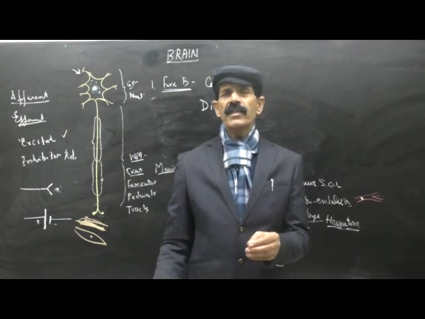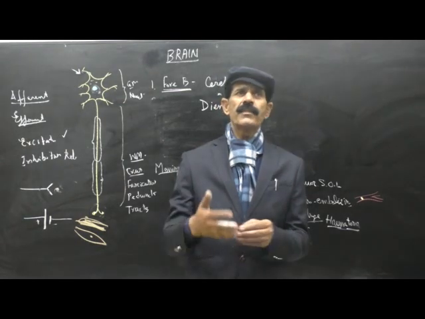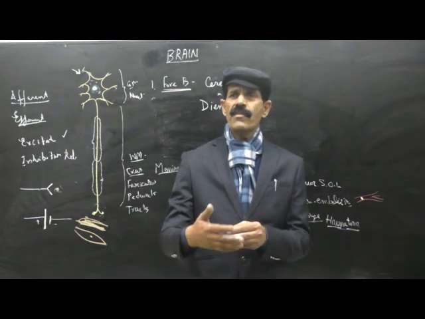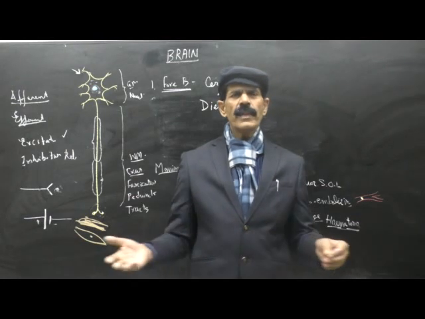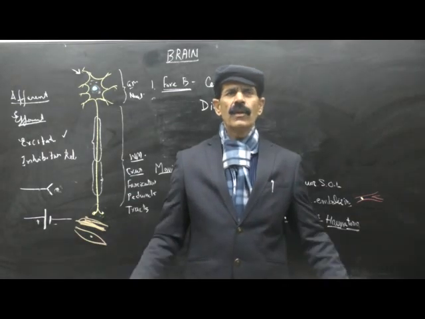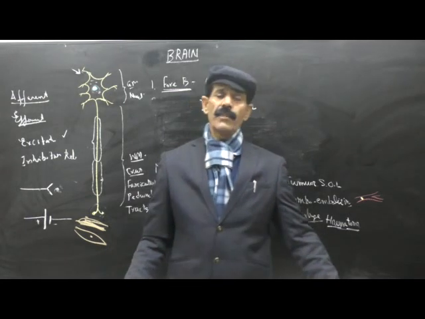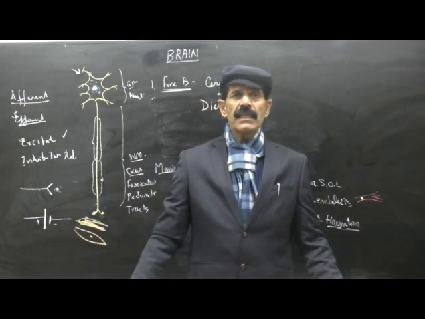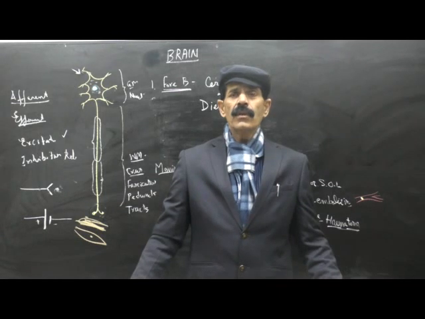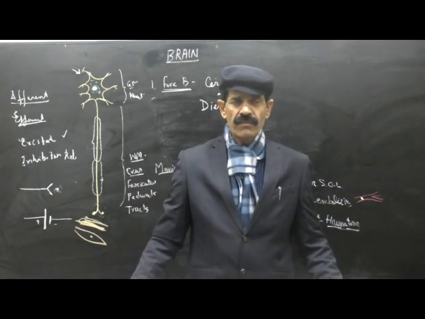That's why after 60 years, problems of the brain start: loss of memory, loss of reflexes, loss of so many things after the age of 60, whether male or female. So this is the only anatomical basis: the neurons undergo damage or atrophy.